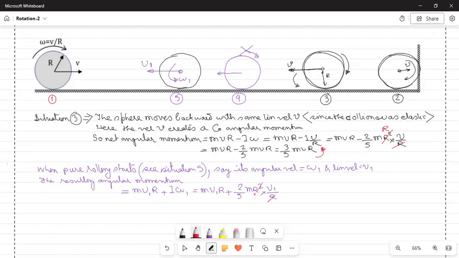This r and r square get cancelled. We are left with only one r. This is equal to m v1 r plus 2 by 5 m v1 r, equal to 7 by 5 m v1 r.